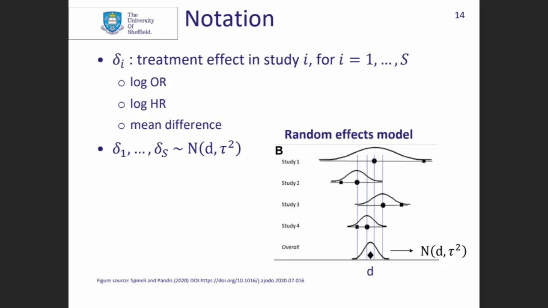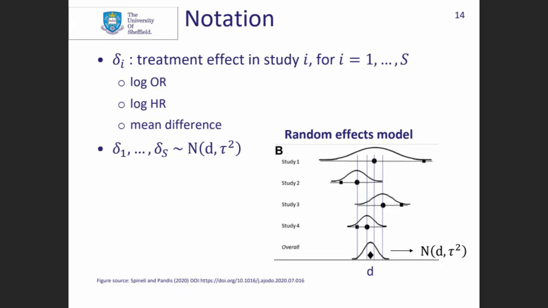So let delta_i be the treatment effects in study i, and we have S studies. And this treatment effect could be log odds ratio if the data is binary, or log hazard ratio if we have time to event data, or mean difference if the data is continuous.